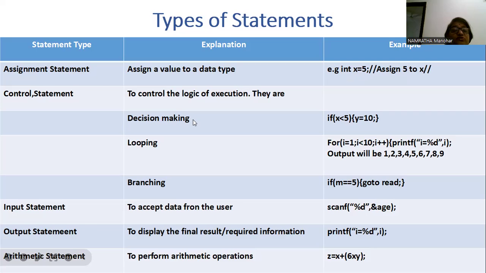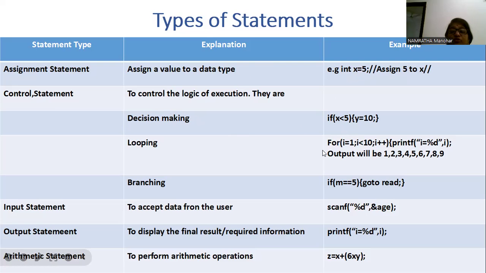Control statement. This is to control the logic of execution. These control statements are decision-making statements, looping and branching. Decision-making: if x is less than 5, then I am saying y should be 10. So I'm taking a decision here. X is less than 5, y is equal to 10.